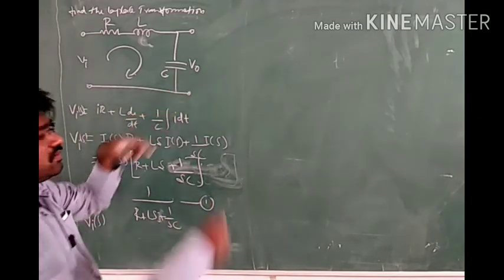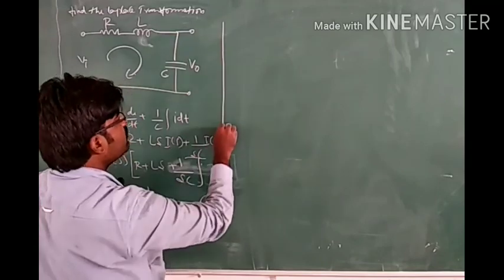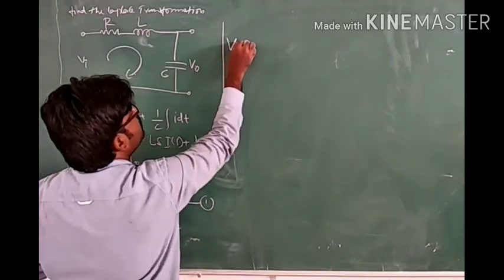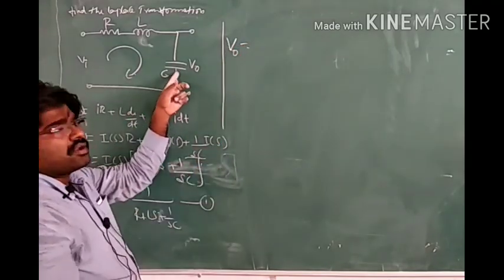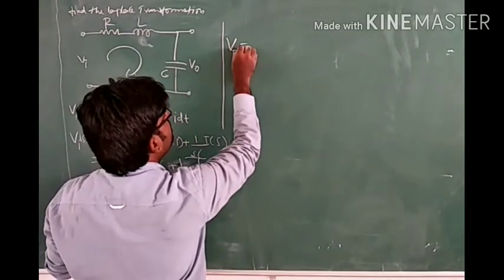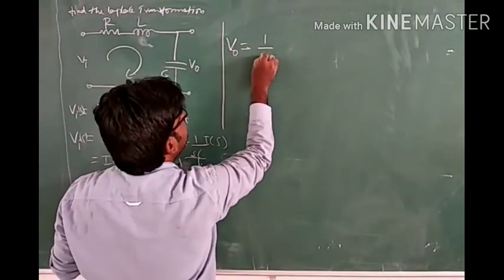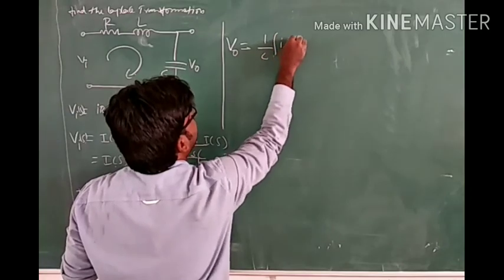Then we have to write the equation for V0. So what is the equation for V0? V0 is equal to the voltage across the capacitor, 1 by C into integration of I dt.